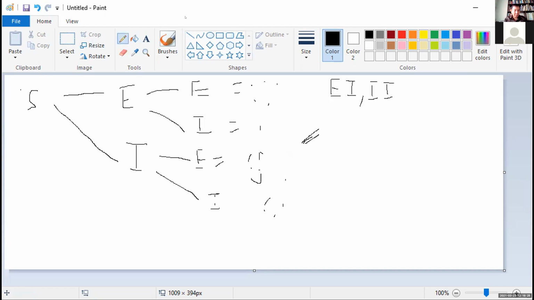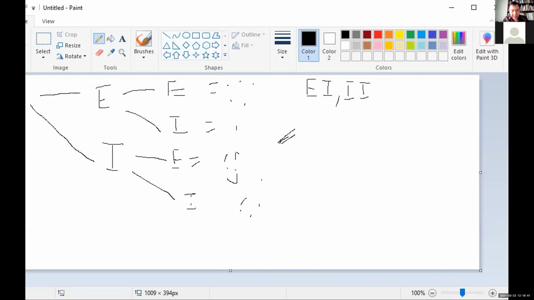So if small plays first, again it becomes E and I. So now you put the payoff there. If small plays first, again this is still 5, 1, the same. And then it's still the same.